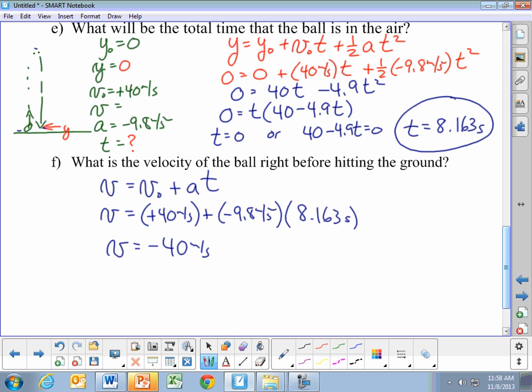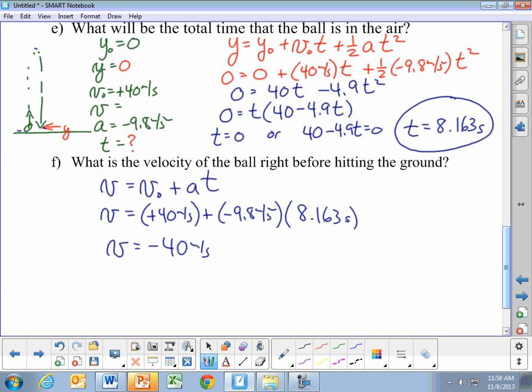If I used my rounded off number, if I did 40 minus 9.8 times just 8.163, I get negative 39.9974 meters per second, which again rounds to negative 40, but it doesn't become exactly as clear as this.